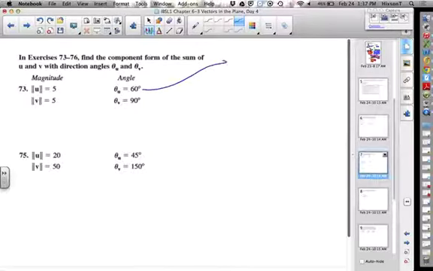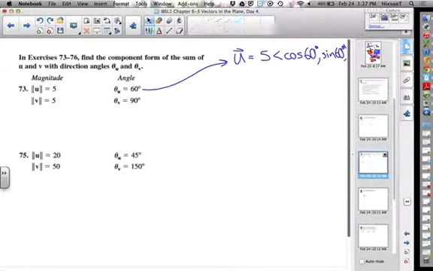So here, let's go ahead and find vector u. To find vector u, we want the magnitude of u, which in this case is 5, times the cosine of 60 and the sine of 60. Alright?